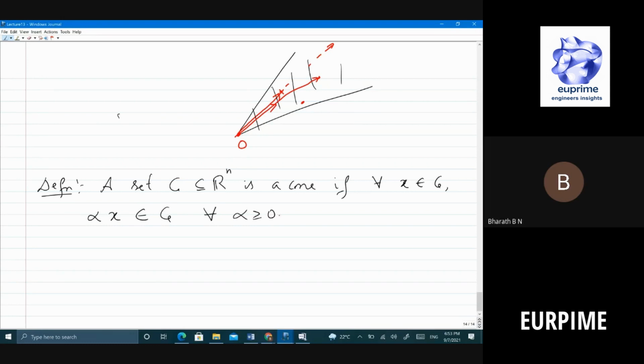You scale it down or up, but you should not reverse the direction, right? You cannot multiply it by minus something, okay? That gives you a double-sided cone, right? So that's how you define double-sided.